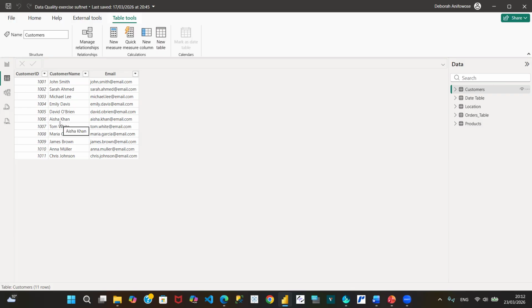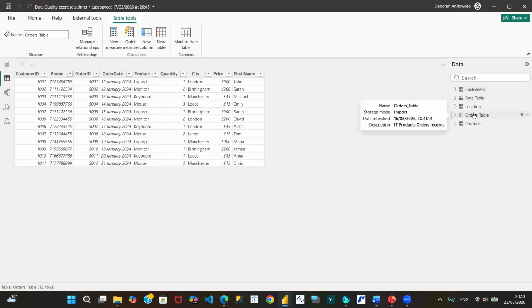But when it starts to establish its presence in another table, for example, in this case, the orders table, we can see customer ID is existing. And the reason it's existing is because it's telling us that this customer with an ID of 1001 and phone number made an order.